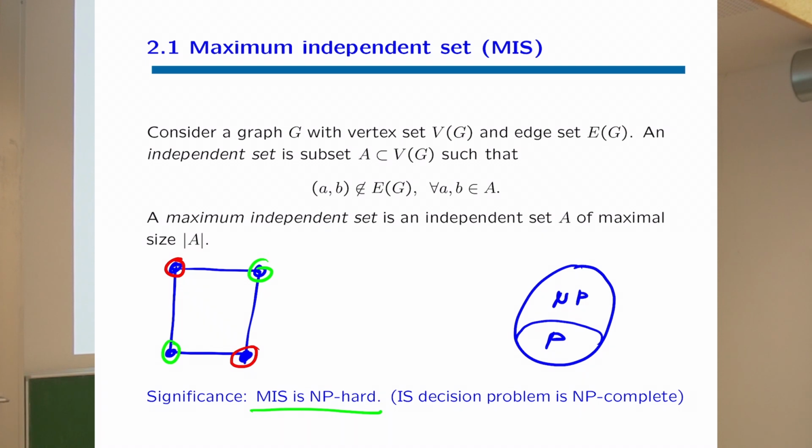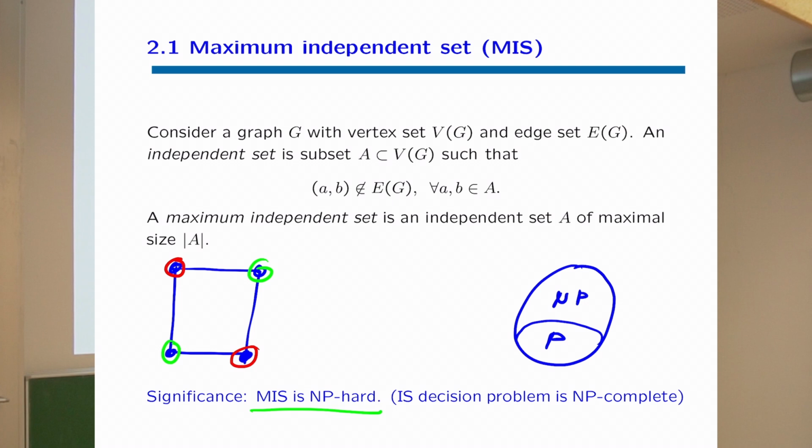P stands for polynomial, NP stands for non-deterministic polynomial. Don't ask me why it's called like that, but it means that not necessarily I can find a solution to the problem at hand in polytime, but at least I can verify in polytime if a solution is given to me. That's another thing. It's not the same. And so P is contained in NP. Whether the two are distinct is actually an open problem. I mean, everybody believes that, but there exists no formal proof of that.